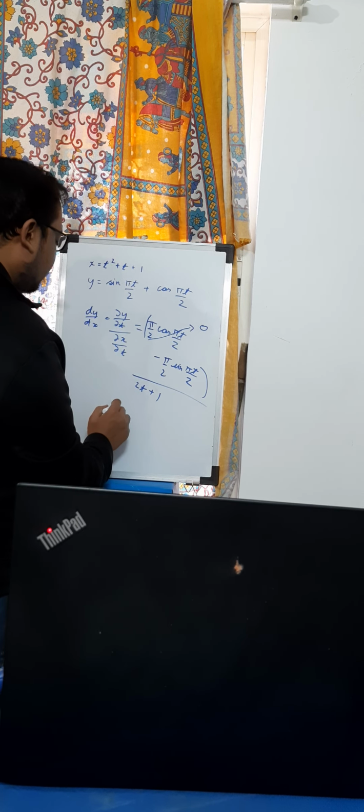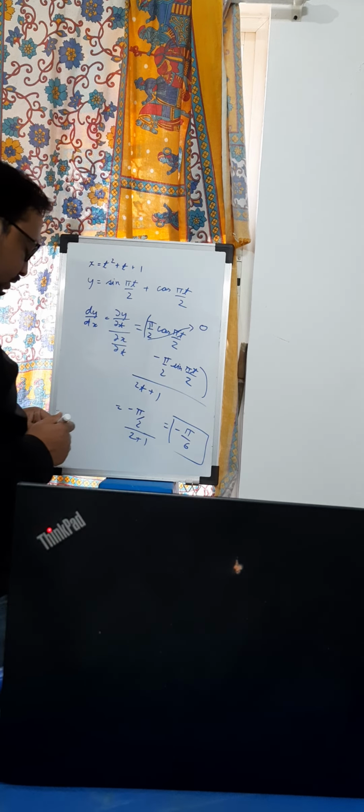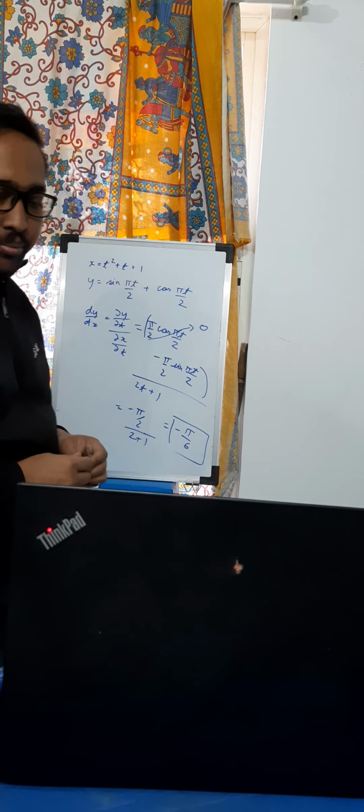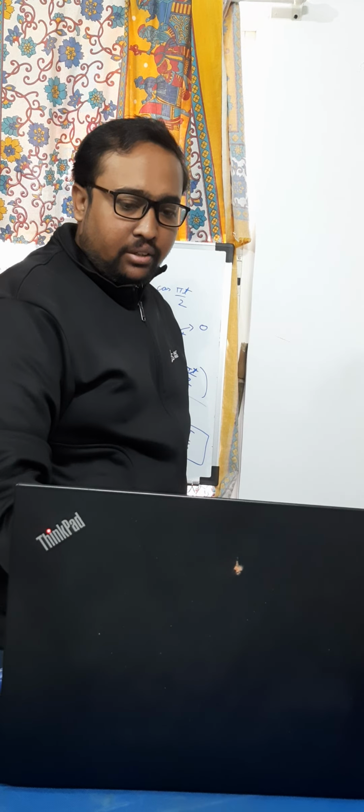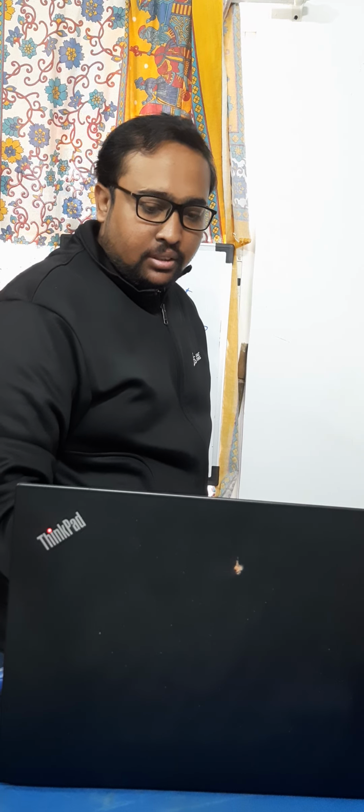So the answer will be minus pi by 2 upon 2 plus 1, which is equal to minus pi by 6. So this is the answer you get. The exercise is fairly simple, you shouldn't be facing any problem, I guess.